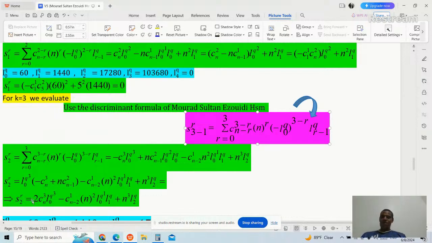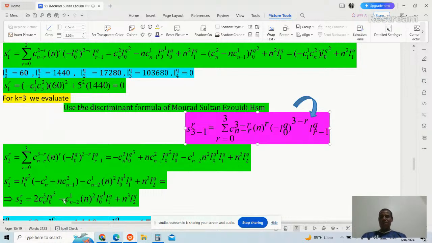S2 of r, learners, is 2 combination n choose 3. Why 2 combination? Because negative combination n choose 3 plus n combination n minus 1 choose 2 is 2 times combination n choose 3. I can simplify more. It will be combination 1 choose 2, then this is n choose 3.